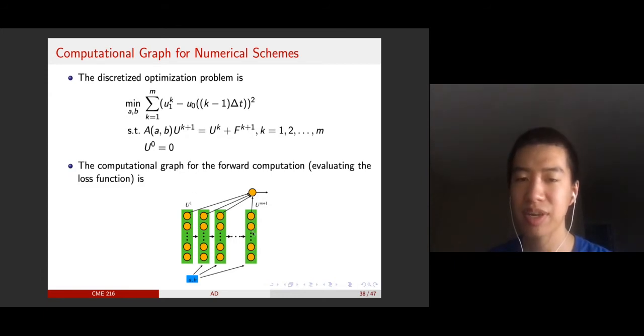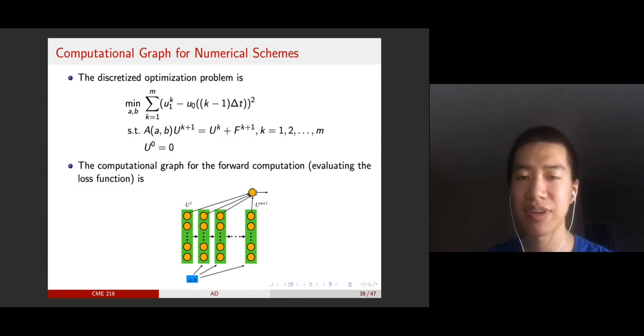When we construct a computational graph, you can see that every column corresponds to a single time step, and A and B, because A and B are in this matrix, that means the A and B, the primitive variables, will have an edge connected to every time step.